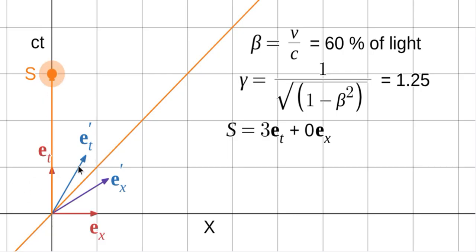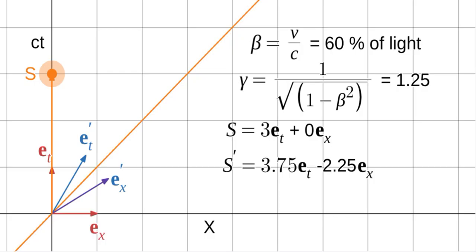Now, what does this person see happen here? Well, that's where we use once again the Lorentz transforms, okay? And we get this. What we did was use the Lorentz transforms to say how does this vector component change because of this gamma factor, and how does this one change because of that gamma factor.